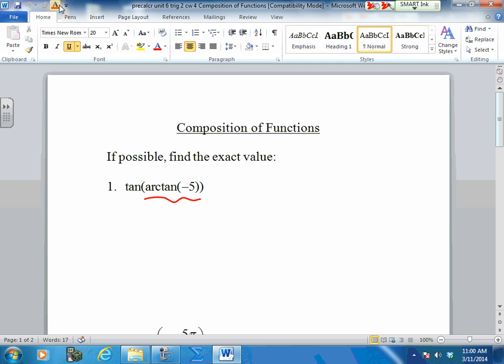Now, arctan, what does arctan tell us? We're doing our true inverse. So our true inverse for arctan says what quadrants? 1 and 4. Out of 1 and 4, which one is negative? 4. So far, this puts me in quadrant 4.